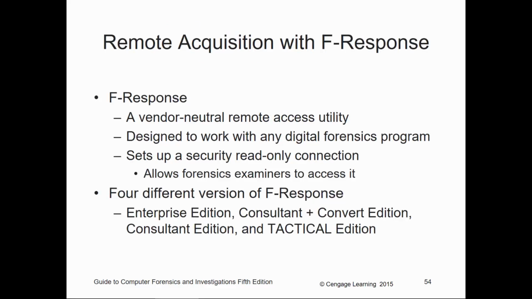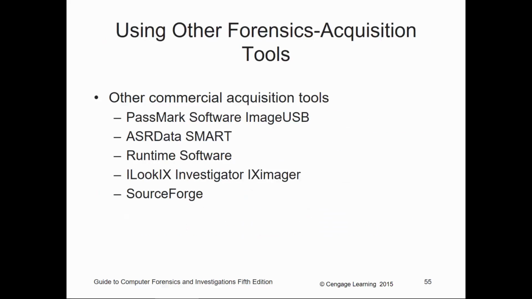But we also have things like F-response. This is more vendor neutral, so that's kind of nice. There are different versions for F-response, so things like consultant, enterprise, tactical. So here we have different licenses, so that's kind of nice. One of the last things we have to talk about are other forensics acquisition tools.